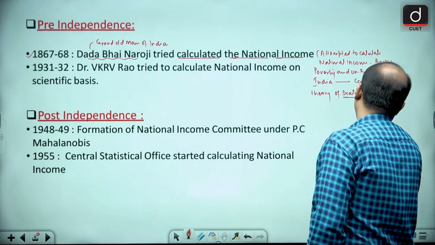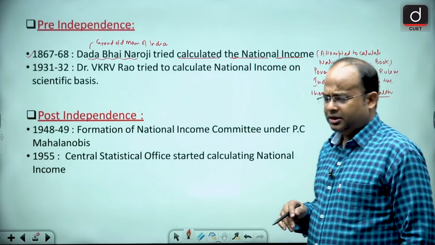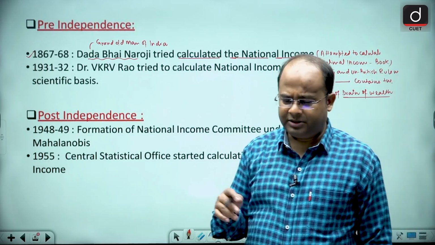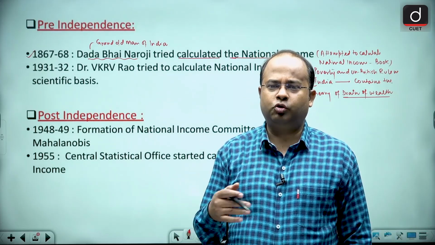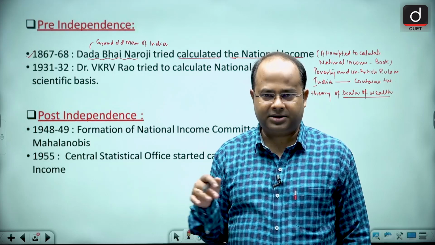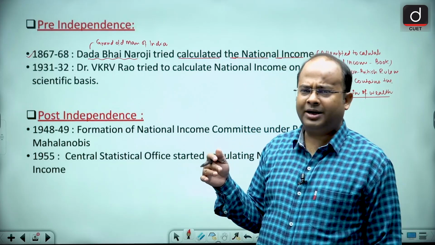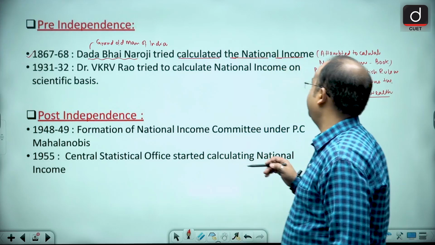Dadabhai Naoroji tried to estimate the national income, but he did not have very accurate data, statistics, facts and figures. But he tried, and also he calculated the per capita income.